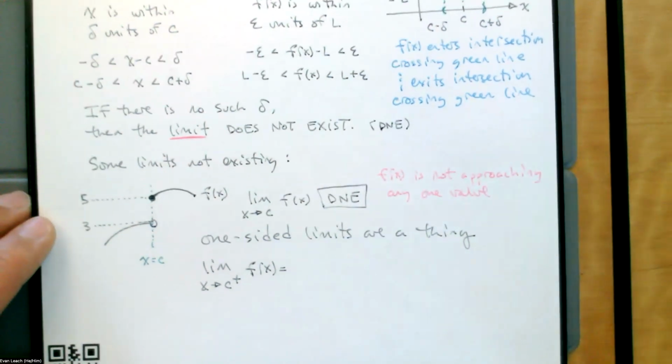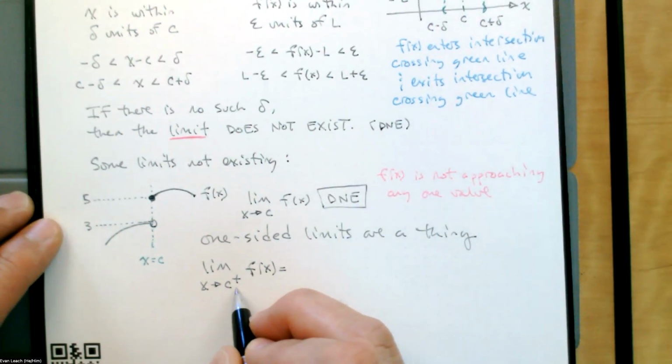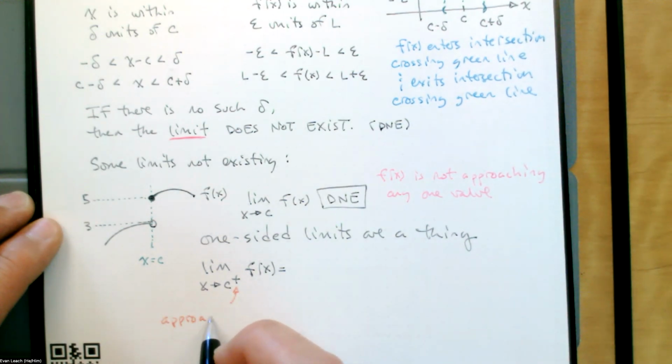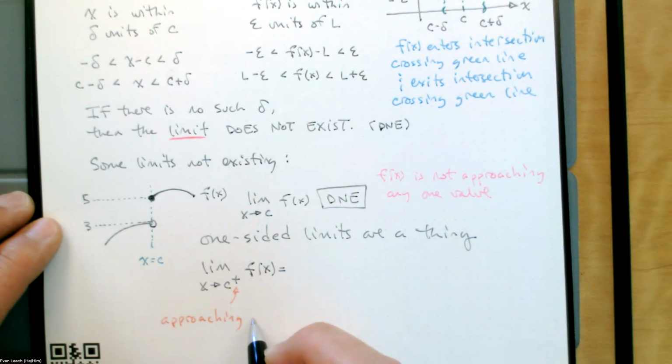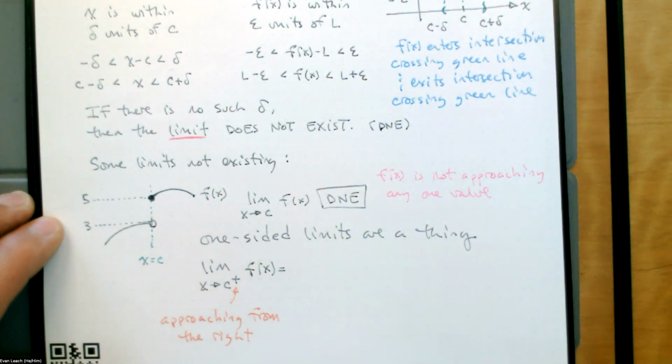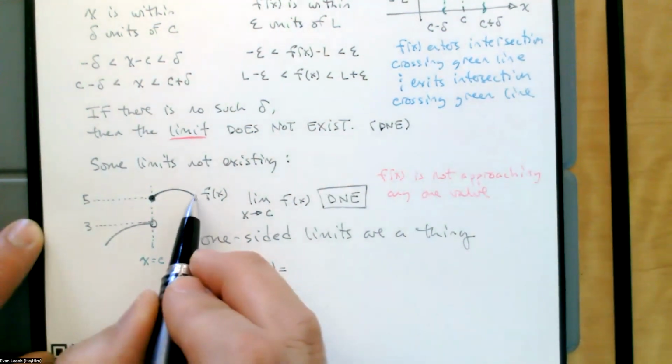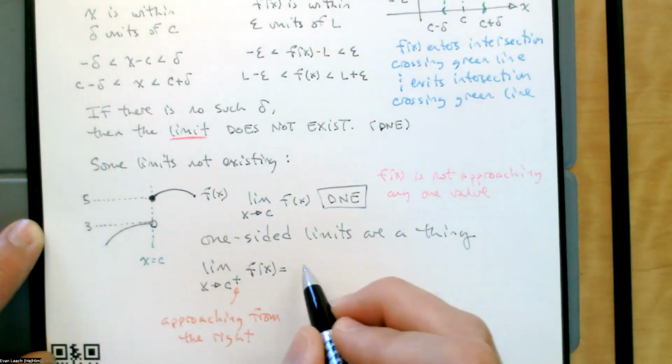So this plus C means x approaching C from the right. What is f of x approaching as x approaches C from the right? Looks like we are headed towards 5.